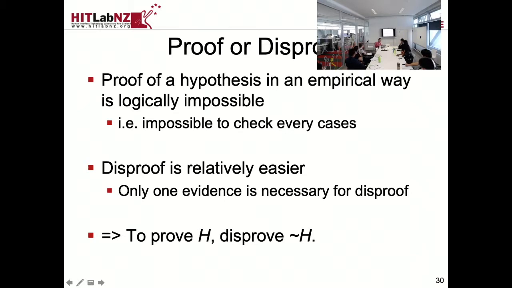So the alternative way is, if we find at least one rejection case regarding a certain hypothesis, then that is much easier. Disproving is a much easier way to support your hypothesis. Do you understand what I'm saying? Because we can't find every case in the world, that is impossible. But if we find at least one rejection case, which is a disproving case, it is much easier to support your hypothesis.